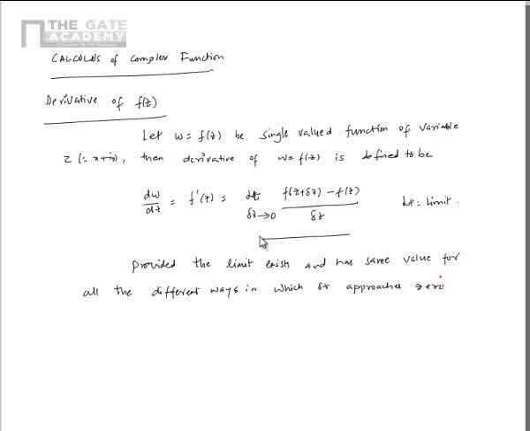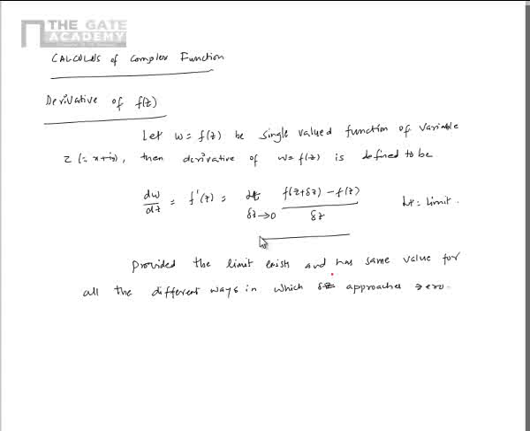So what it means is, first of all, the limit should exist, then only you can call that dw by dz, or the derivative of w with respect to z, to be of this form. So in whatever way delta z approaches 0, the limit should exist and should have the same values.